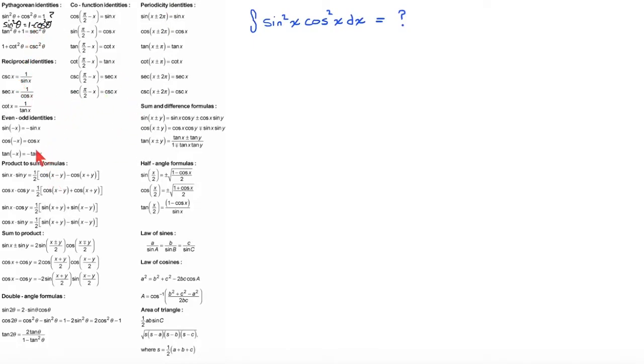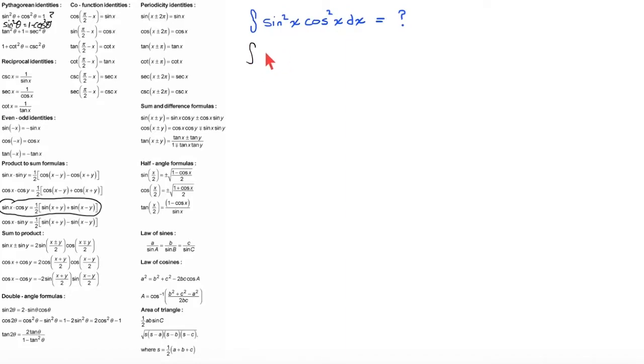Sine squared of x, cosine squared of x, I don't see anything quite like that, but I do see this: sine of x times cosine of y is equal to 1/2 sine of x plus y plus sine of x minus y. Seems a little crazy, but let's see if I can rewrite this.